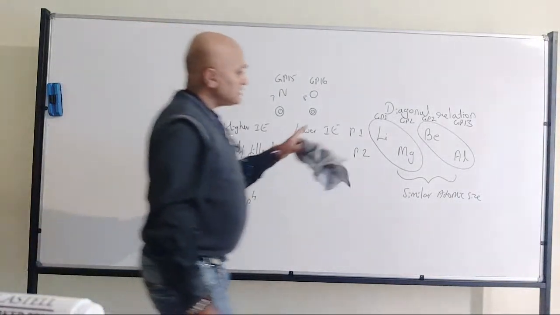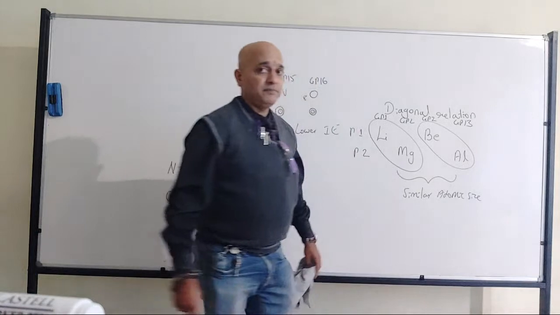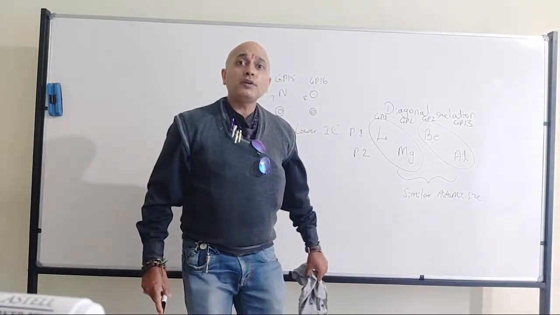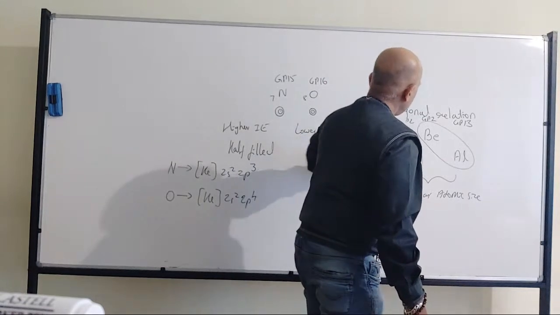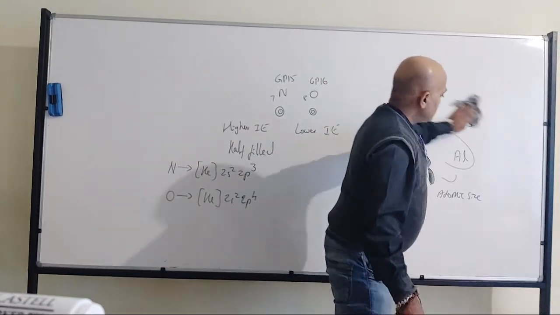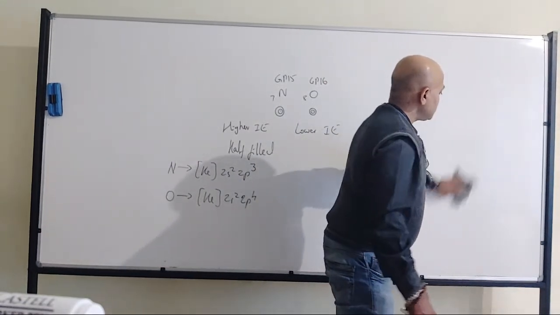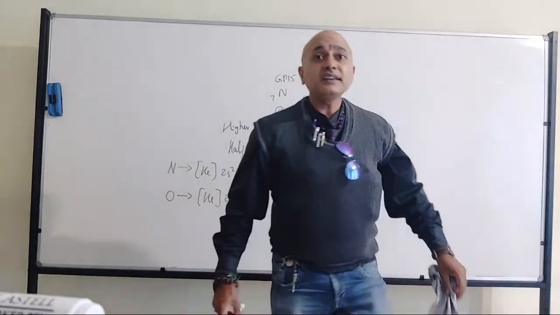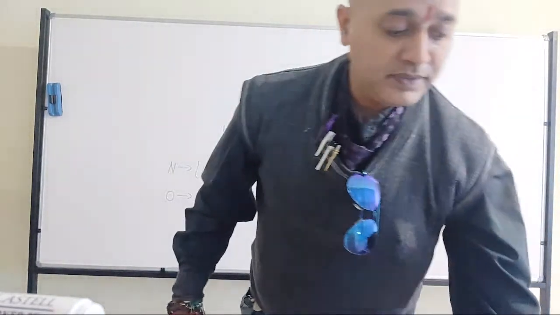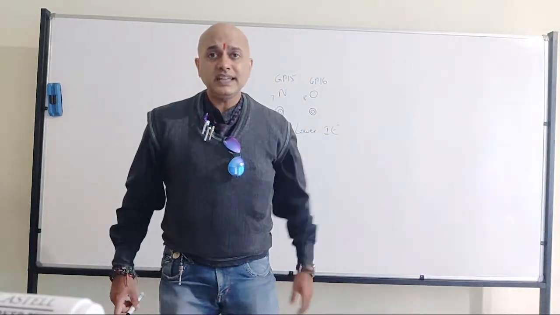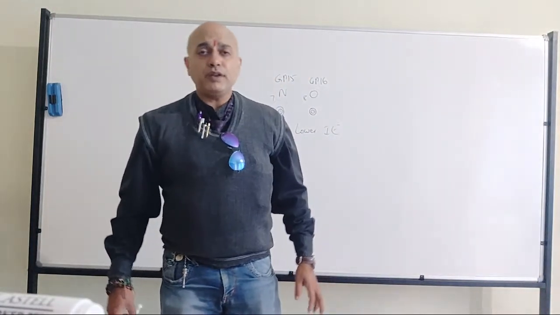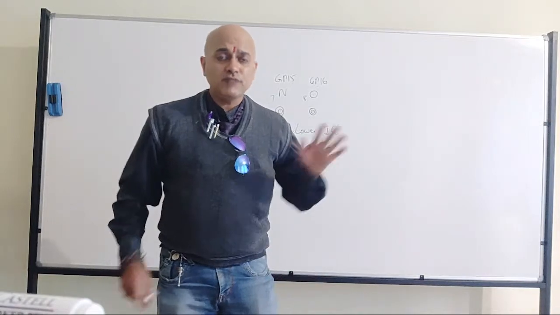Anyway, you are going to discuss this in detail when you study S block and P block elements in chemistry part 2. But this is what you should understand: what I mean by diagonal relation and an example. Fine, that is one thing.